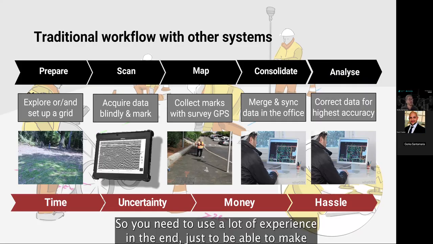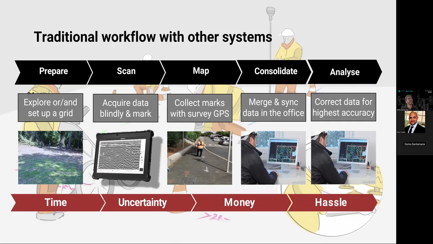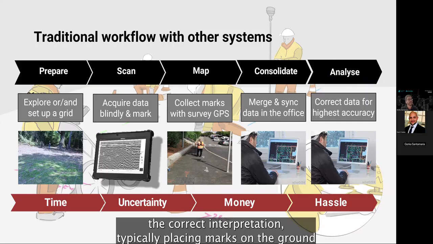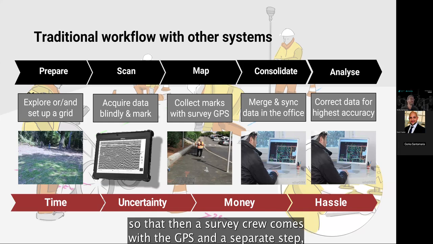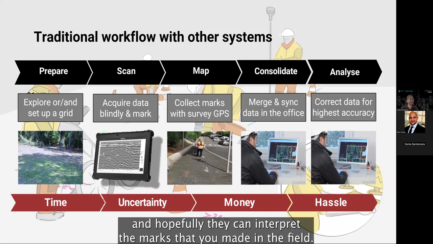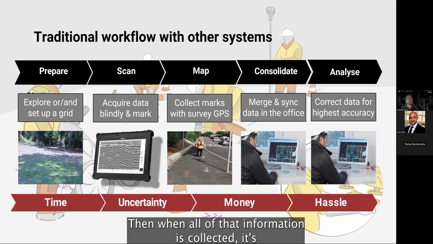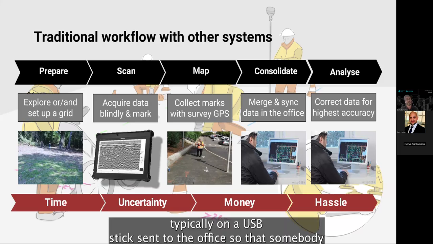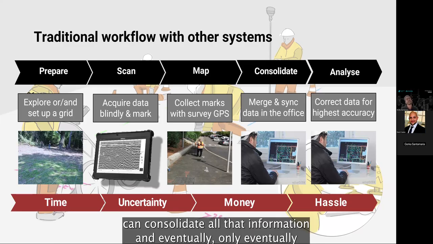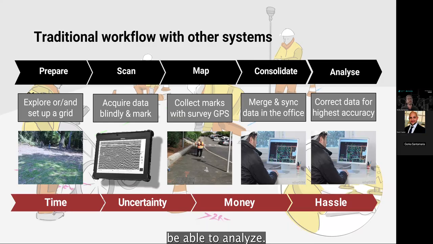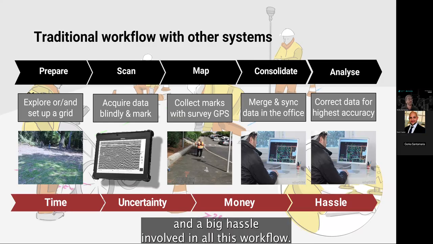So you need to use a lot of experience just to be able to make the correct interpretation, typically placing marks on the ground so that then a survey crew comes with a GPS in a separate step, and hopefully they can interpret the marks that you made in the field. Then when all of that information is collected, it's typically brought on a USB stick and sent to the office so that somebody can consolidate all of the information and only eventually be able to analyze. So there's a lot of time, uncertainty, money, and a big hassle involved in all this workflow.